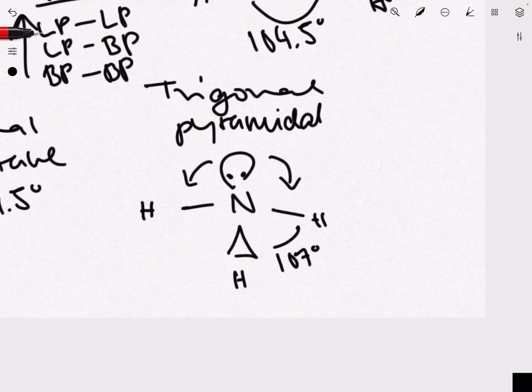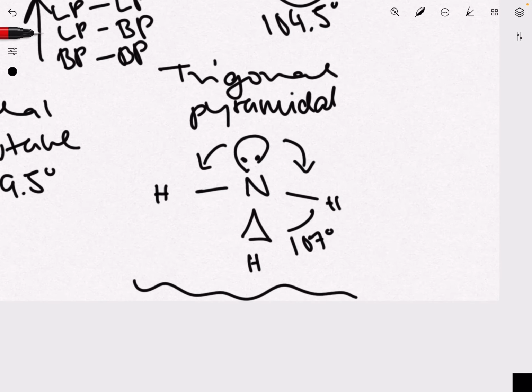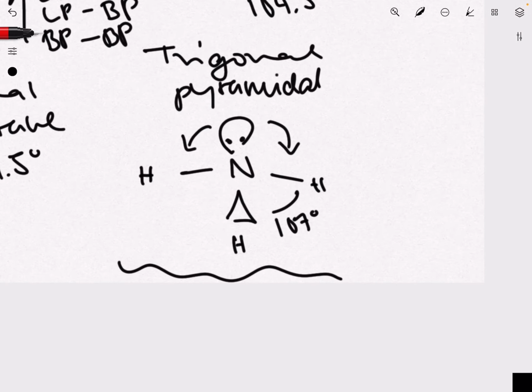But for example, ammonia here presents a tetrahedral electron geometry, as we have this tetrahedral shape presented, but its molecular geometry, as it is only bonded to these hydrogens over here, would be trigonal planar.